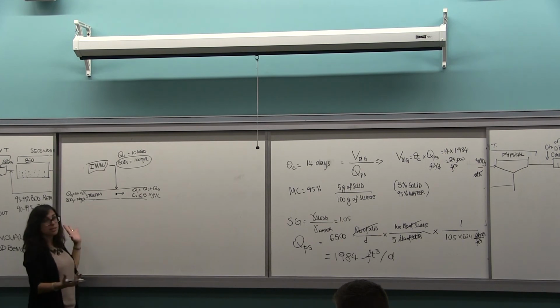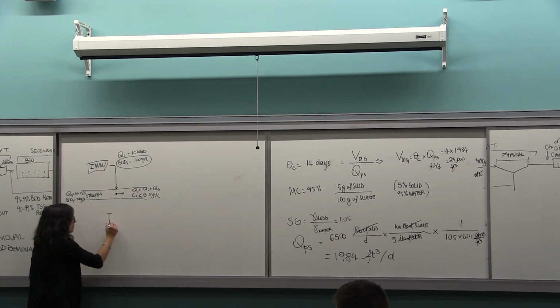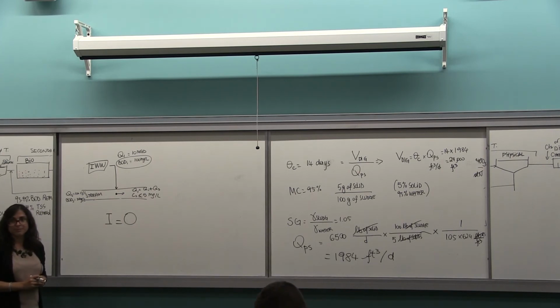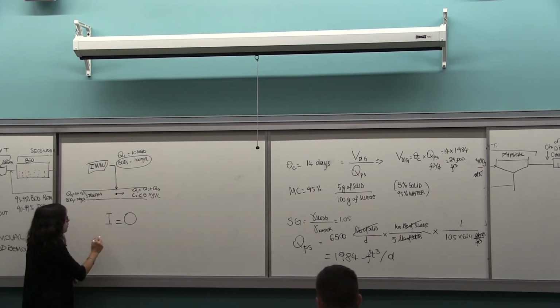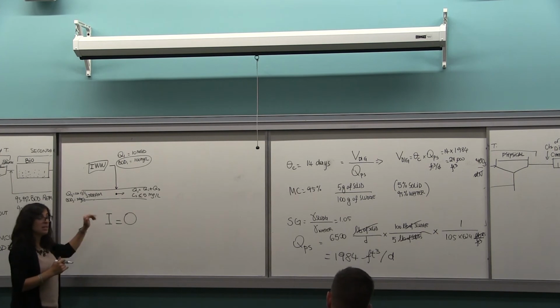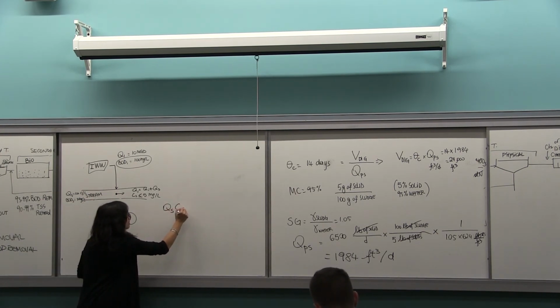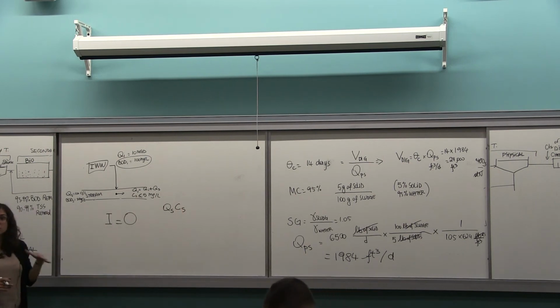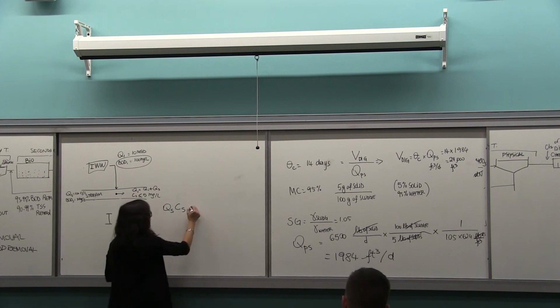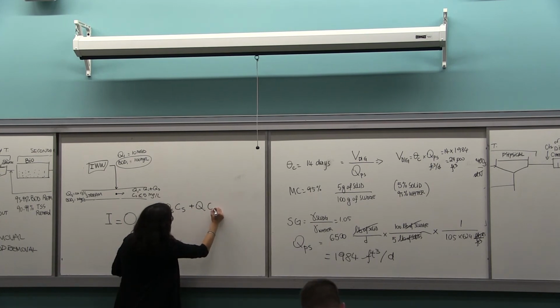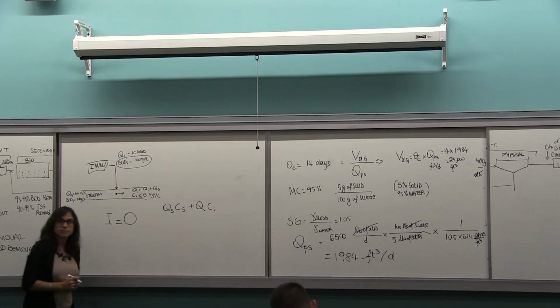How does it work? It's a simple mass balance. Input equals output. What I have in terms of BOD coming in at this point: I have QS, CS, the kilogram of BOD coming with the stream, plus the kilogram of BOD from the industry.